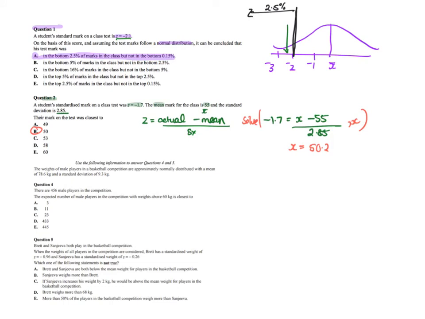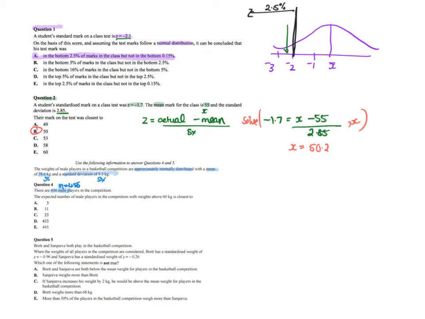Okay, in the next question, the weights of the male players in a basketball competition are approximately symmetric or distributed. So that means in the bell shape, with a mean of 78.6 and a standard deviation of 9.3. There are 456 males in the competition, so we just got given an N there.